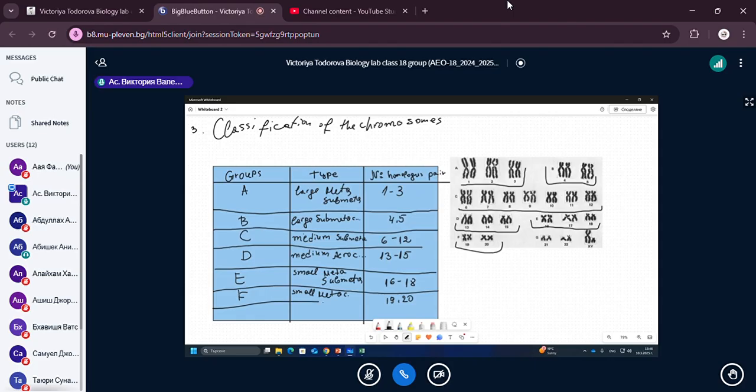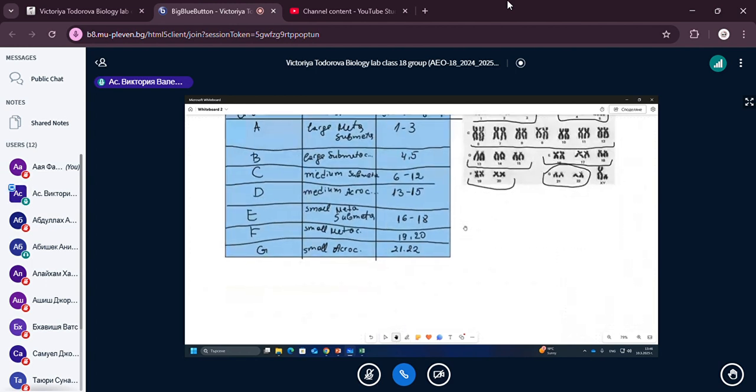And yet the last group is group G here. Group G is small acrocentrics with numbers 21 and 22, and as you can see, we miss the pair of sex chromosomes.